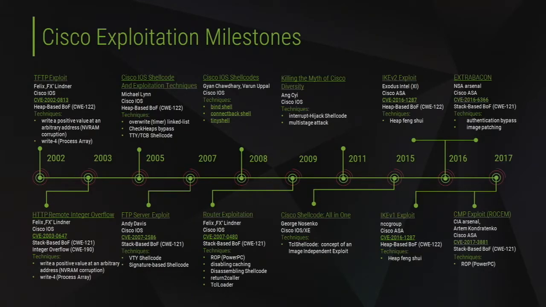So let me first give you a brief overview of milestones in Cisco exploitation. The exploitation of Cisco dates back to the early 2000s, about 15 years ago. It marked the first cases of buffer overflow and heap overflow exploitation. Due to the specific features and traits of Cisco IOS, the exploitation of this system requires developing new approaches and exploit techniques.